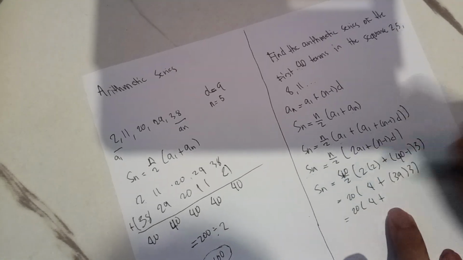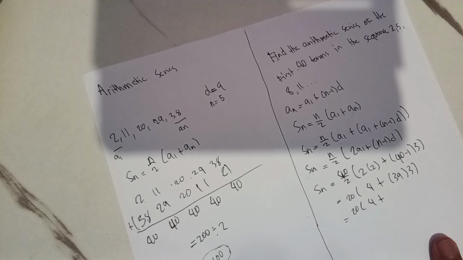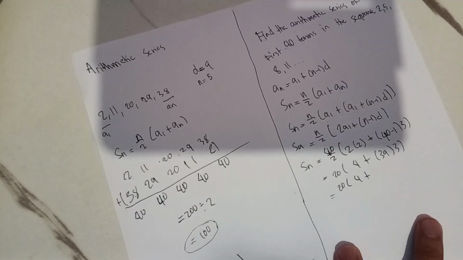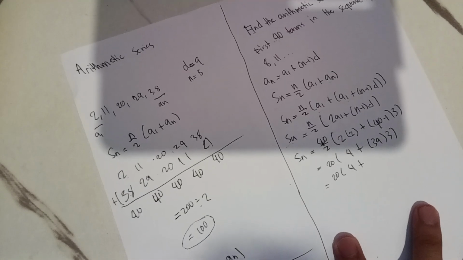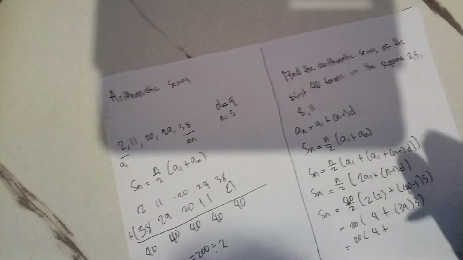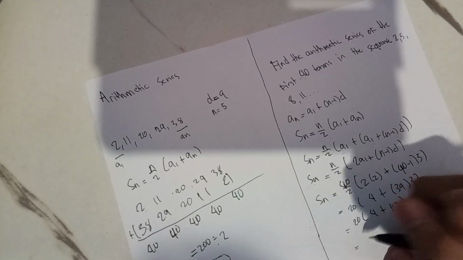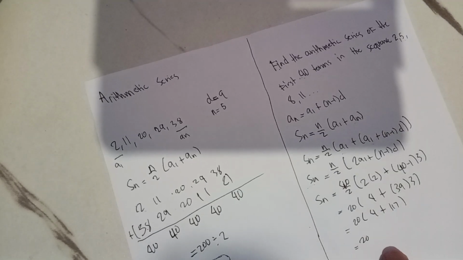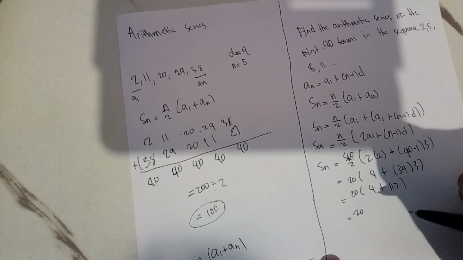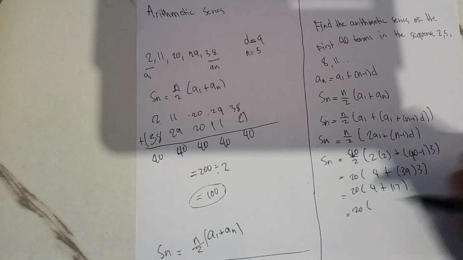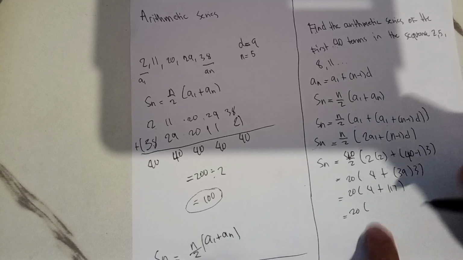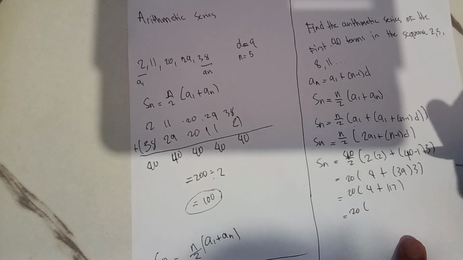4 plus 39 times 3. So, 39 times 3. Okay, let's solve it. 39 times 3, that is 117. It's equal to 20 again, 4 plus 117, that is 121.